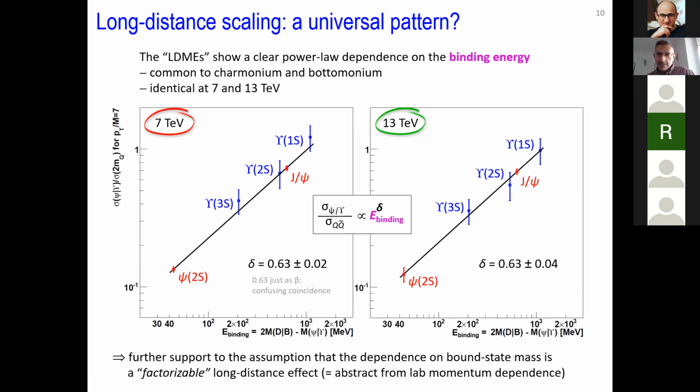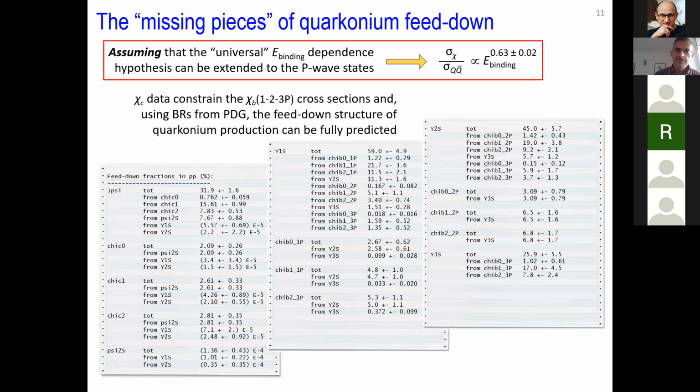And we will introduce now a further hypothesis to see what can happen in lead-lead collisions. First, an important parenthesis. This was done for S-wave states. We can assume, simply because it is the simplest possible assumption, not for other reasons, that we have exactly the same behavior also for P-wave states.